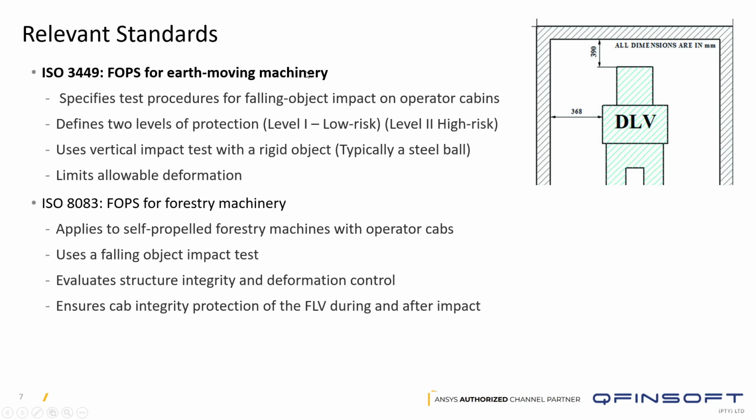Okay, and then we have the relevant standards for the falling object protective structure. So 3449, this is usually for earth moving machinery. This specifies test procedures for falling objects impacting the operator cabins, and defines 2 levels of protection, so level 1 low risk and level 2 high risk, depending on the object that is falling on the cabin that has to protect the occupant.